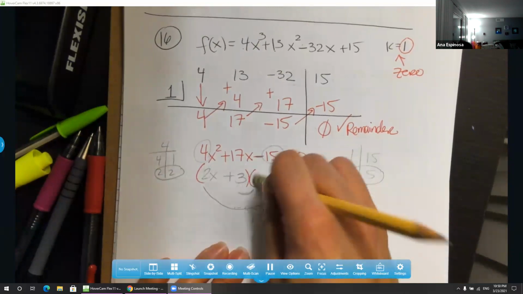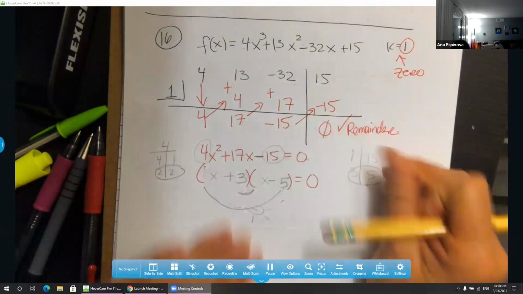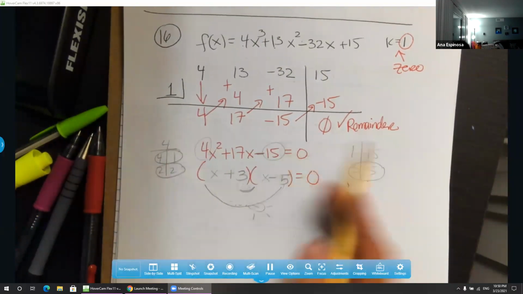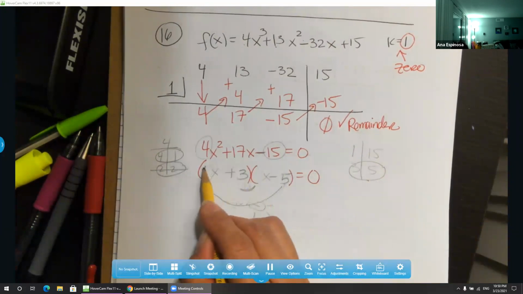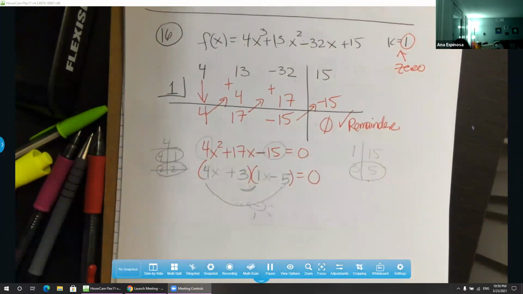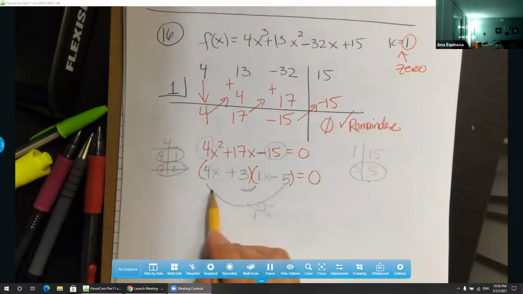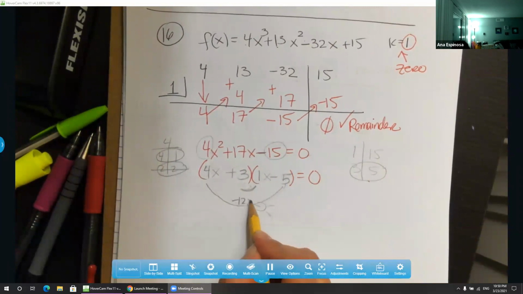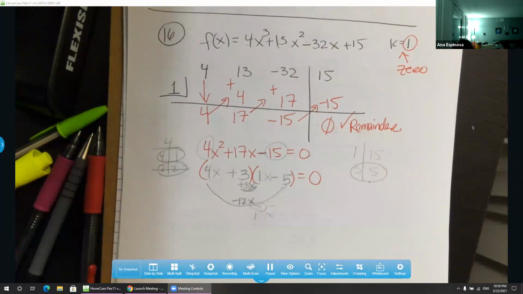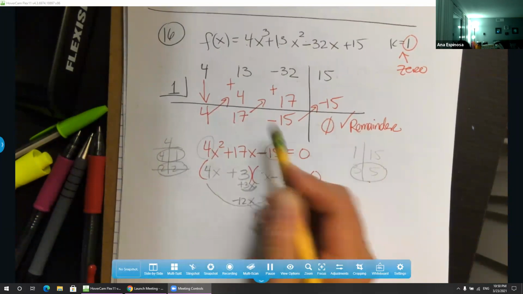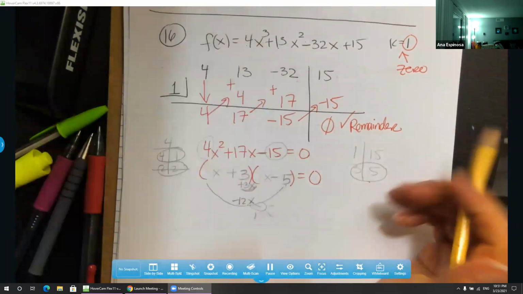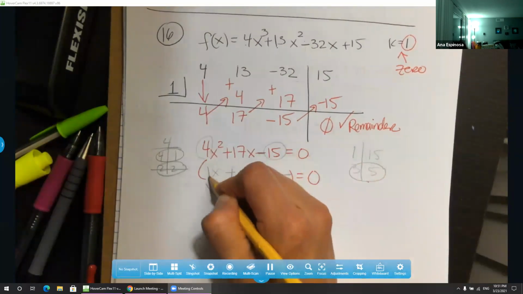And now I'm going to change these two. I'm going to choose this pair instead. 4 and 1. Same. That's negative 12x, and that's positive 3x. That is not 17. But what if I then swap these? The guess and check method, by the way.